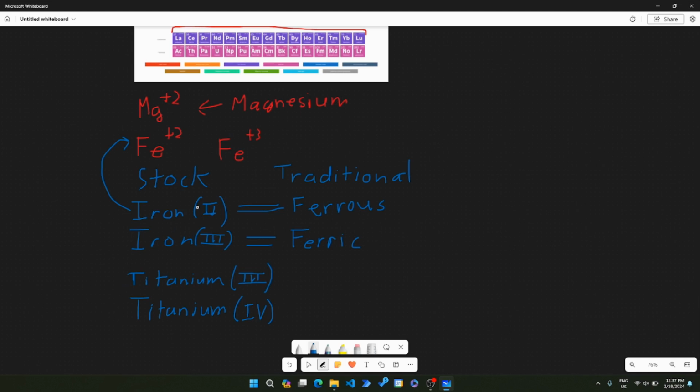Since titanium doesn't have an old name, then for its traditional name, it becomes titanous and titanic. And remember, the -ous is always the lower charged ion.